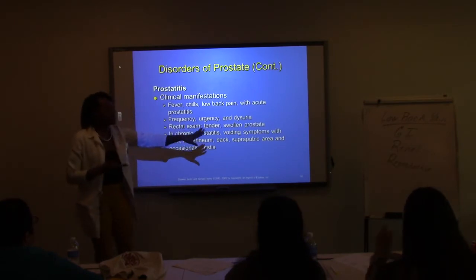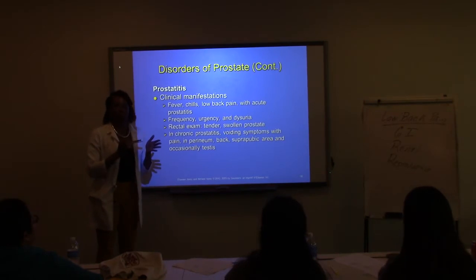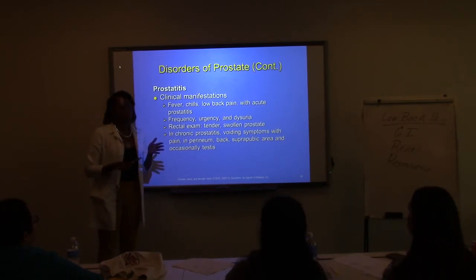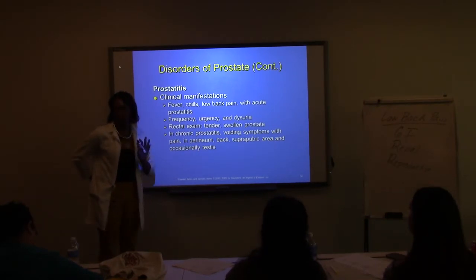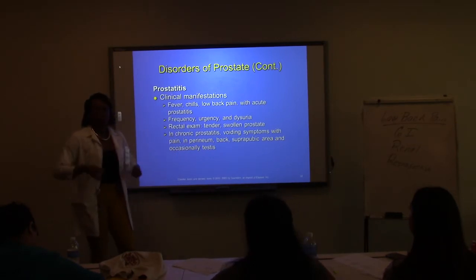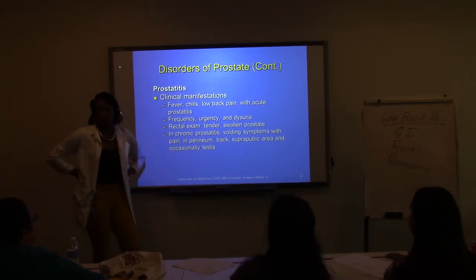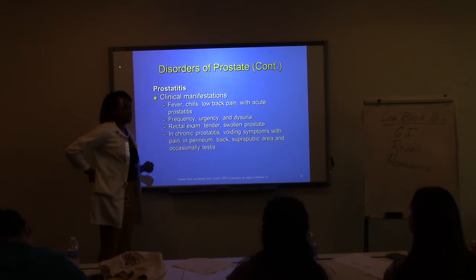So, for example, GI, let's say patients that have colon cancer. One common symptom they have with colon cancer is low back pain, very low around the sacral region. Renal. Kidneys, which we know because of their location, whether that patient's having a kidney stone or even an infection, they're definitely going to have low back pain.